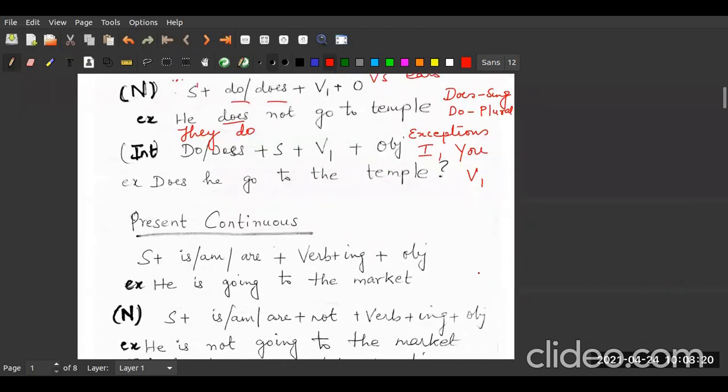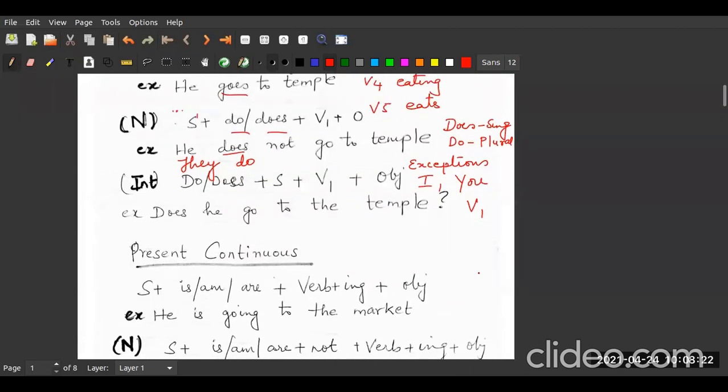Then how do we make the negative? We make the negative by adding do, does plus not. And again you have to remember that with both do and does you use only V1.